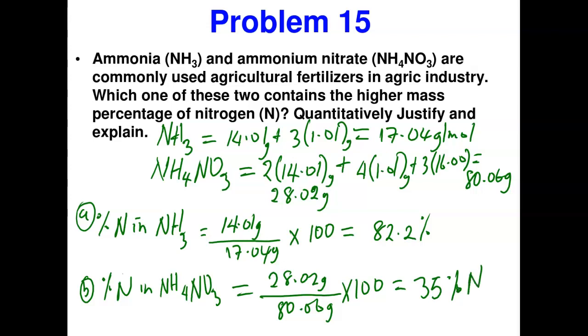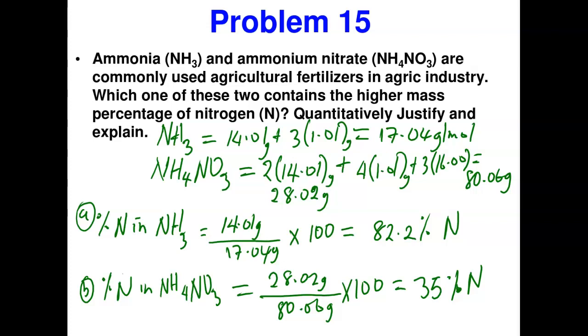of nitrogen. Now, you see, ordinarily, if you did not solve this problem, you can make a very erroneous assumption that since this one contains 28 grams of nitrogen by mass, that it actually has more percentage of nitrogen. But that is not.